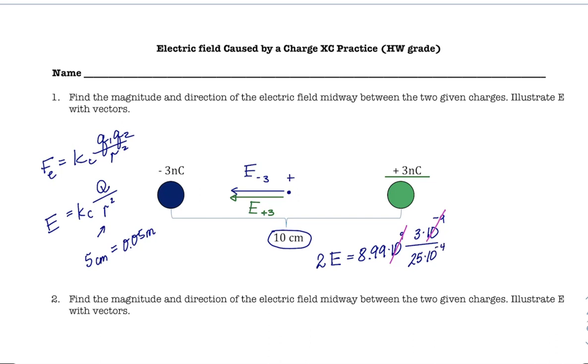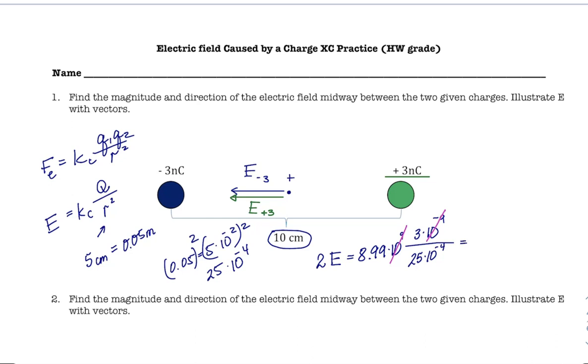Now, where did that come from? That came from 0.05 being 5 times 10 to the -2. And when you square, that becomes 25 times 10 to the -4th. Okay?